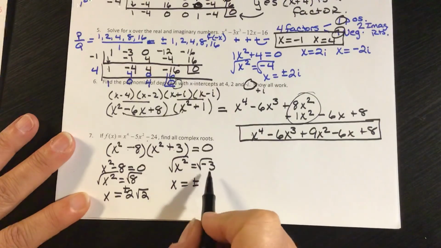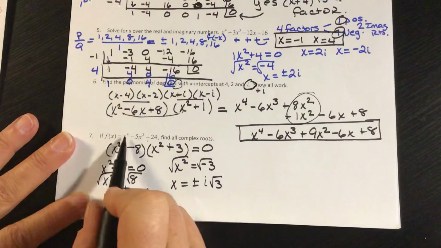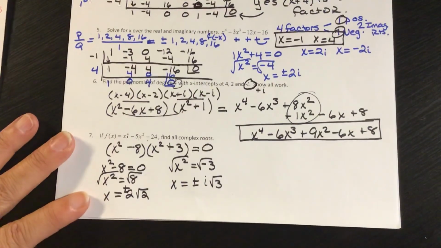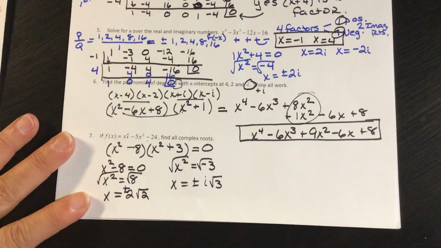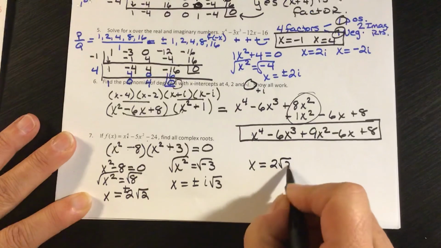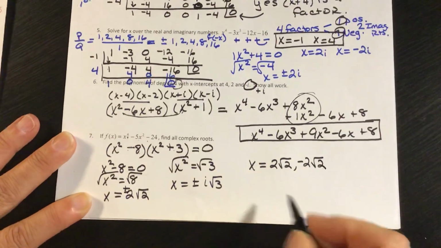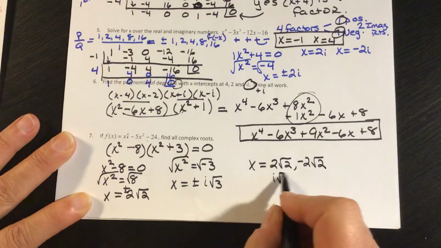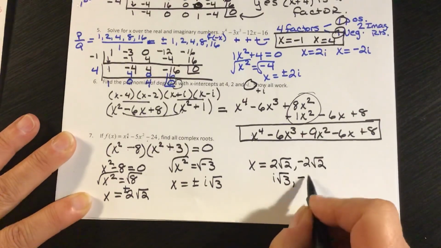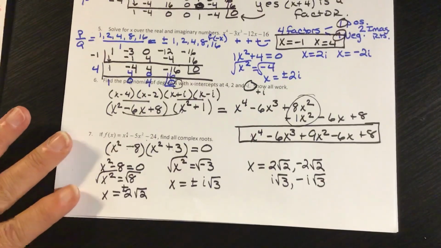Now I'm going to simplify this, and I get i square root of 3. So according to the function, it's a fourth degree polynomial. I should have 4 roots. Those roots are 2 square root of 2, negative 2 square root of 2, i square root of 3, and negative i square root of 3. All right, so that is it.